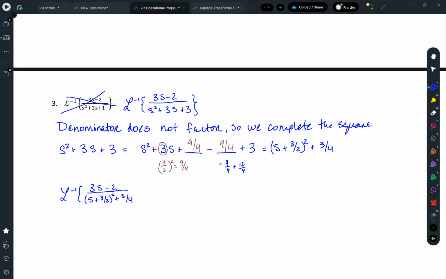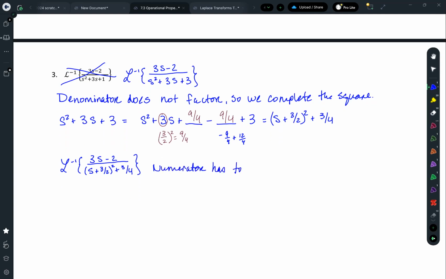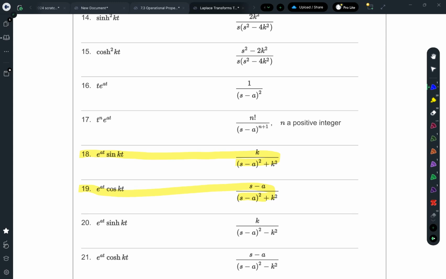Okay, now another issue is the numerator has too much stuff. What I mean by that is, let's look at the Laplace transform table, because now we have a denominator that looks like 18 and 19.